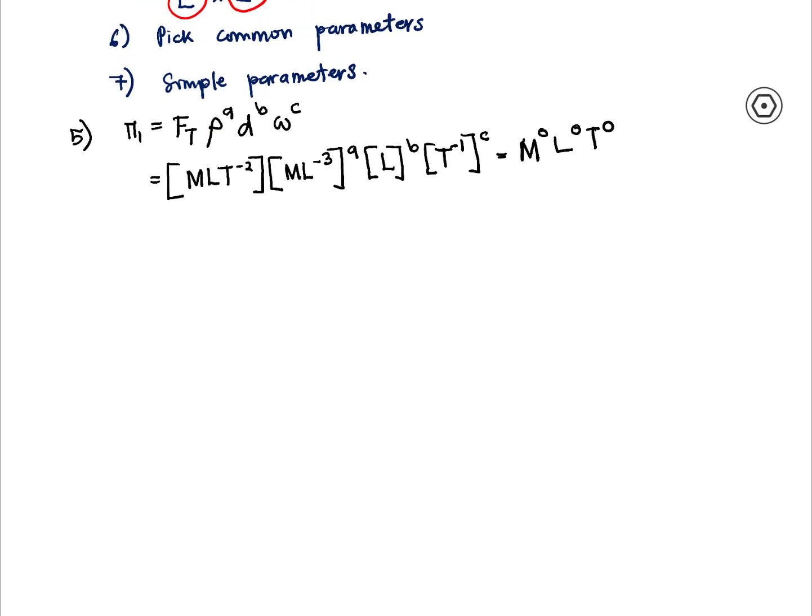But please do not add any more parameters or dimensions, because this is dangerous.